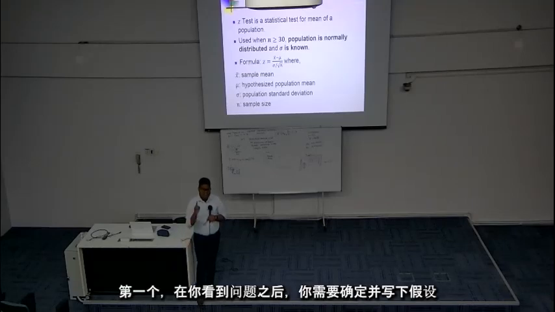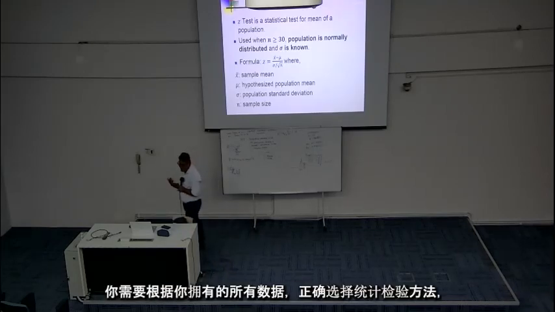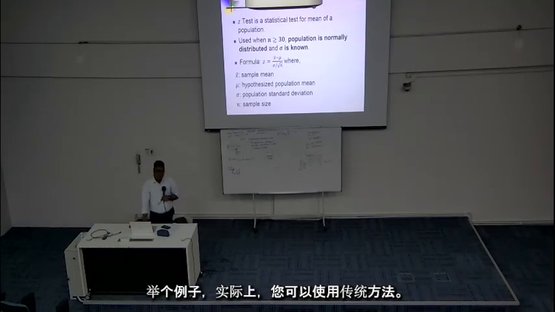The first thing after you see the question is you need to identify and write the hypothesis. Then, based on the sample data, the sample size, the characteristics and all the data that you have, you need to choose the statistical test correctly.